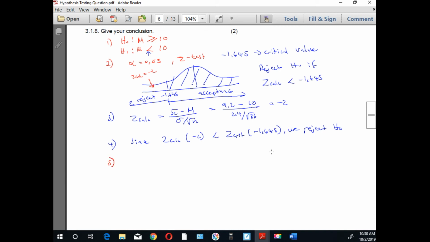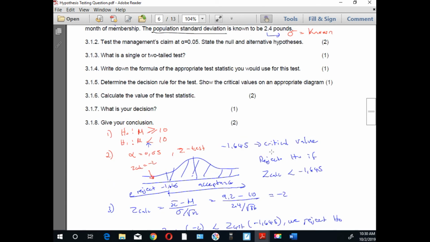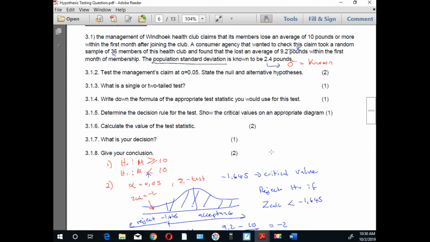So step 5, we conclude. If we reject H0, we are saying, therefore, that the average lost, members lose, will be less than 10 pounds.